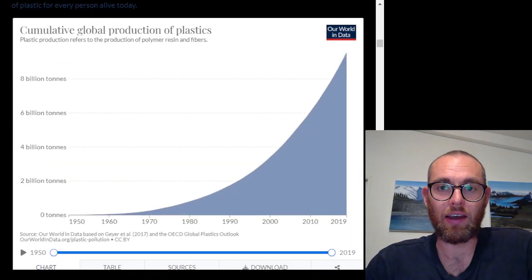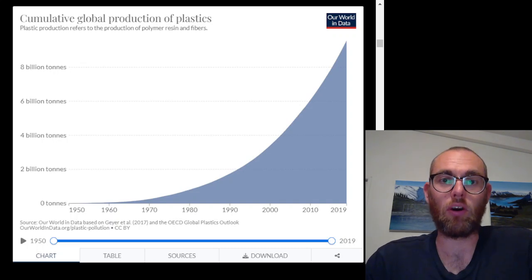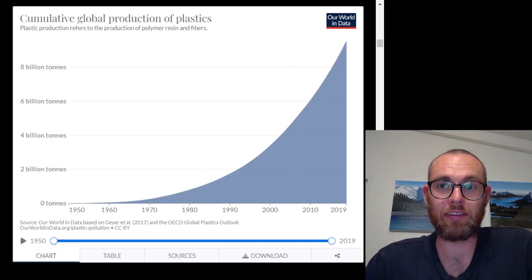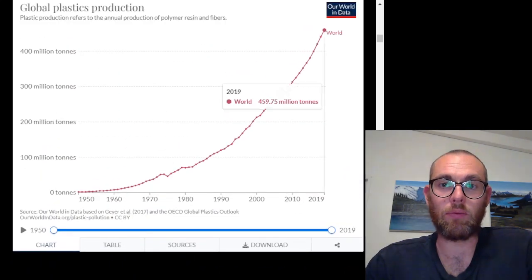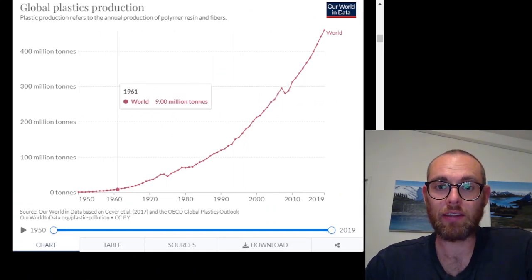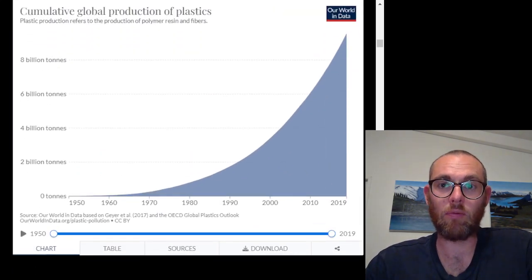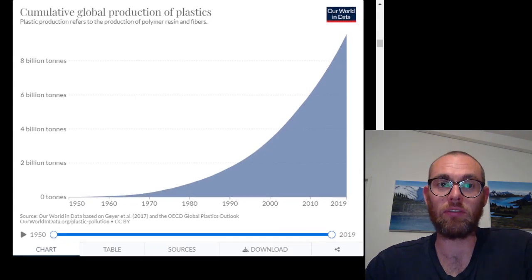So the other one is the cumulative global production of plastics. The first one was what we produce annually, and obviously that went up exponentially. That's how much plastic we produce every year. This is how much we have produced in total.